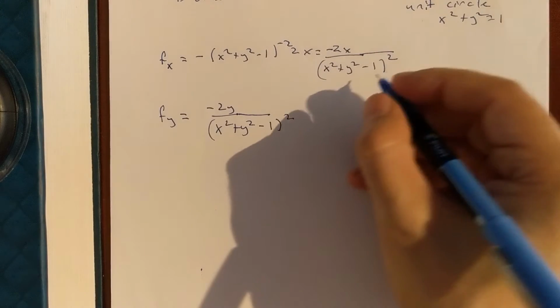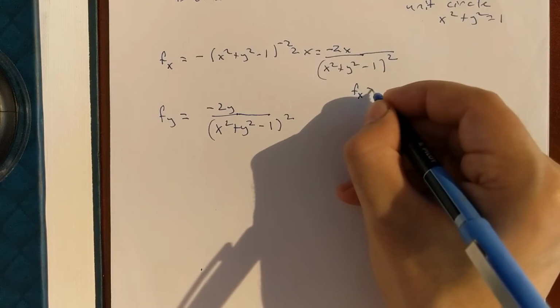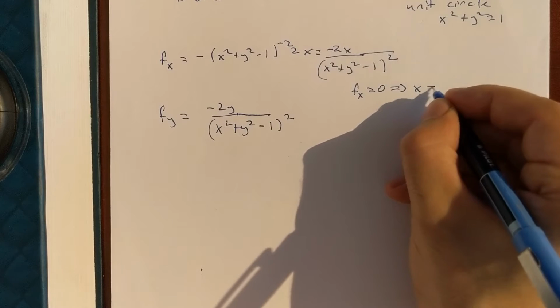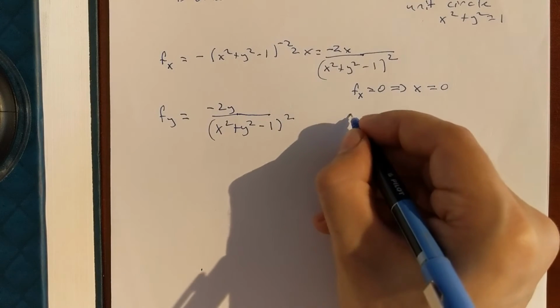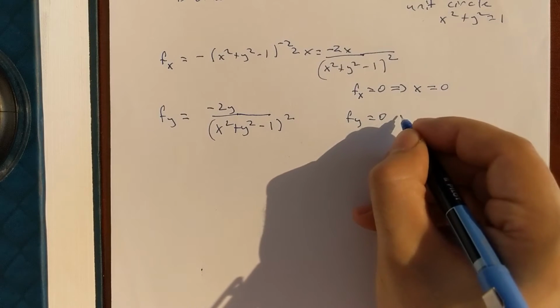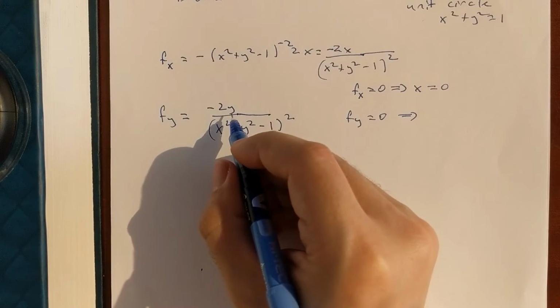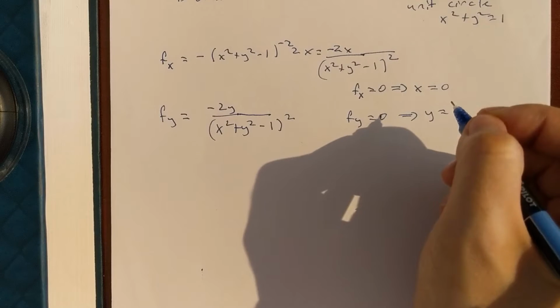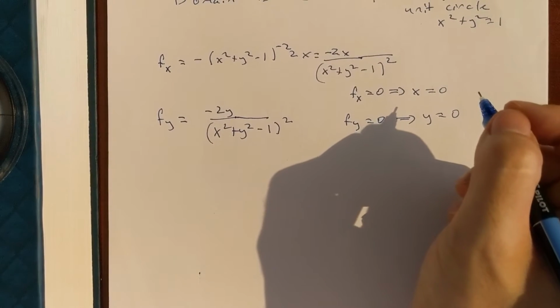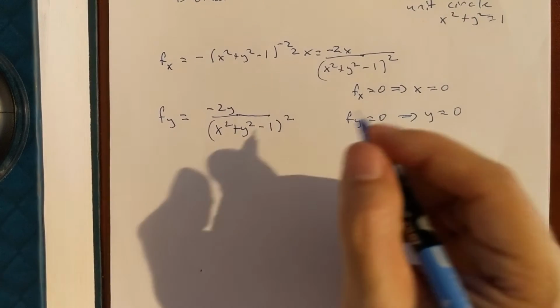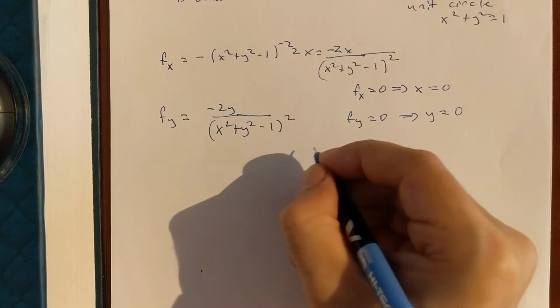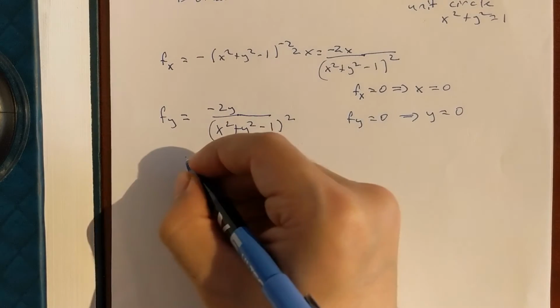So f sub x equals 0 implies immediately that x is equal to 0, right? And f sub y equals 0 happens when the numerator is 0, so when y is equal to 0. So these are our candidates for critical points. Of course, it could also be a critical point when f sub x and f sub y don't exist. When do they not exist?